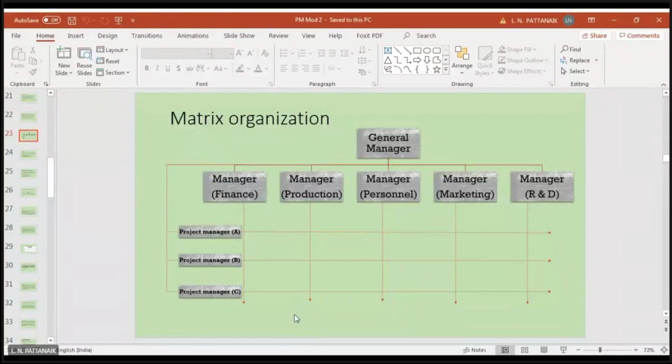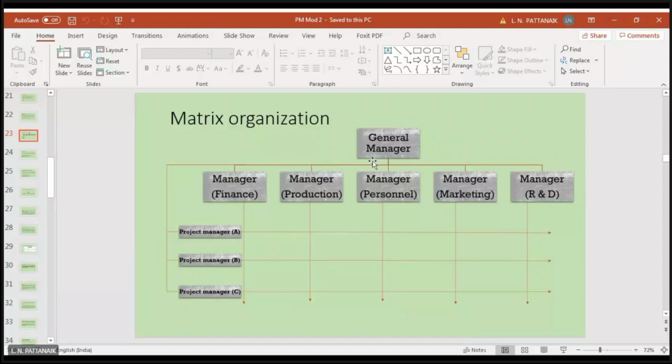So about this matrix organization structure, there is something called a modified matrix organization structure. A small change you implement in this structure will make it a modified matrix. Think about the kind of burden this general manager is bearing.